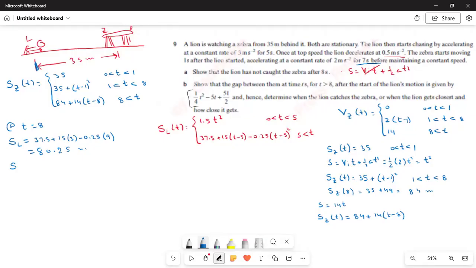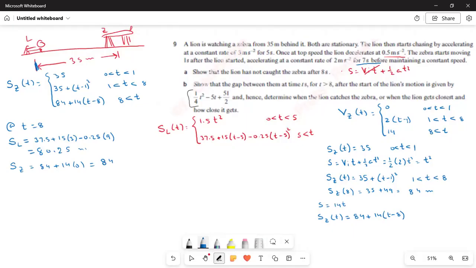And the distance traveled by the zebra, I will do 84 plus 14 times 0, since time is 8 seconds. So it's going to be 84.